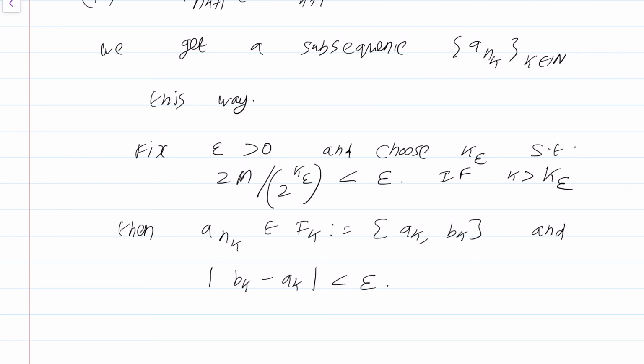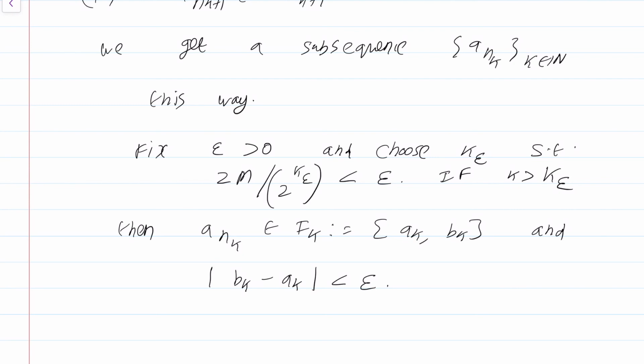Note this follows because at each stage the interval Ik is obtained from I_{k minus 1} by taking either the right half or the left half. That means bk minus ak at each stage is half the size of b_{k minus 1} minus a_{k minus 1}. That is, Ik is half the size of I_{k minus 1}.